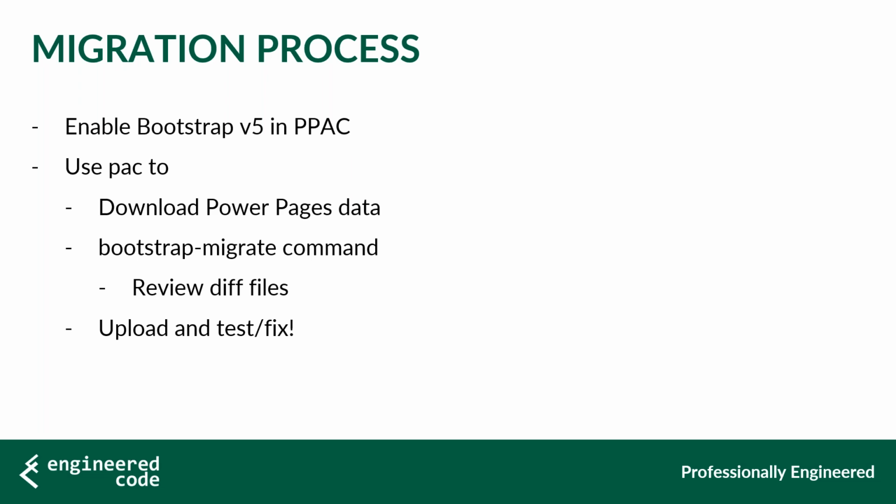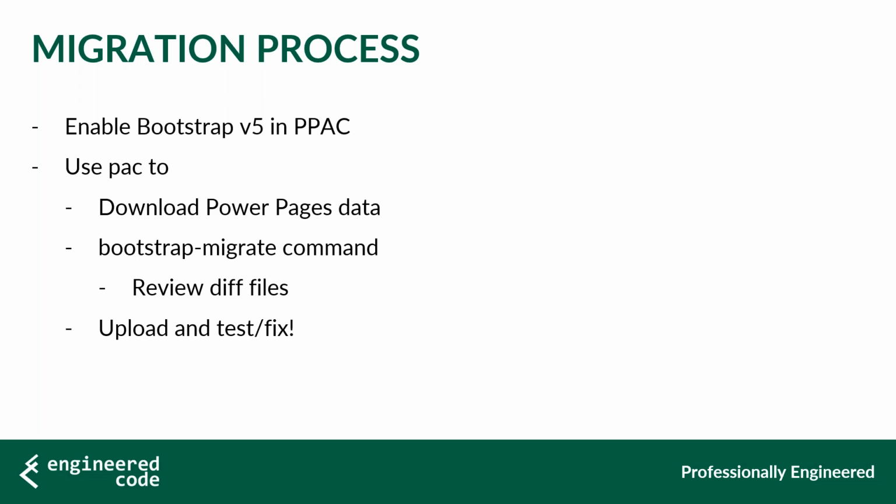You can then use the bootstrap-migrate command, which will go through all the files that you've downloaded, and it will do its very best to convert those from Bootstrap version 3 to Bootstrap version 5. And we'll see an example of that here in a second. You can then review the diff files because it gives you all the files about what it changed. And then once you're satisfied with that, you'll upload those back into Dataverse, and you will test and you will fix things.